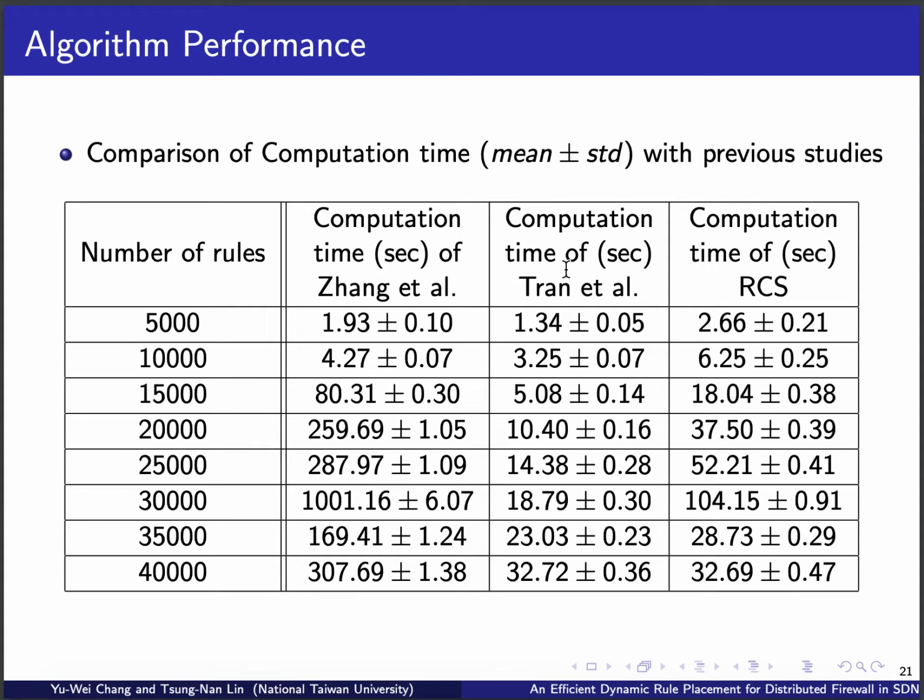However, Chen used a somewhat more heuristic way to do the rule placement. And our RCS, resource constraint splitting, can maintain similar computation time to that of Chen.